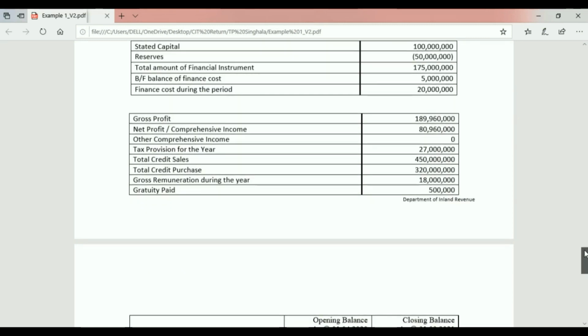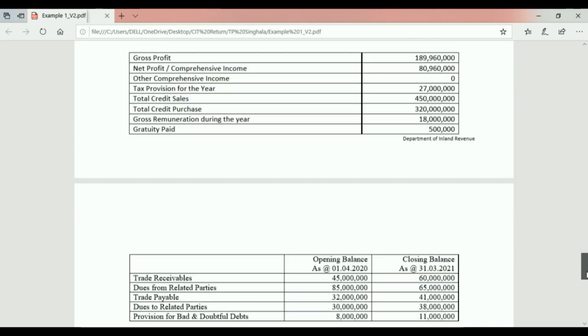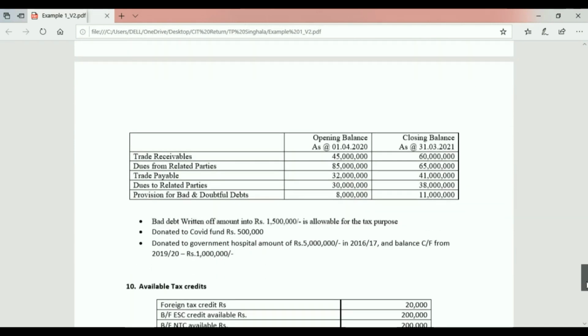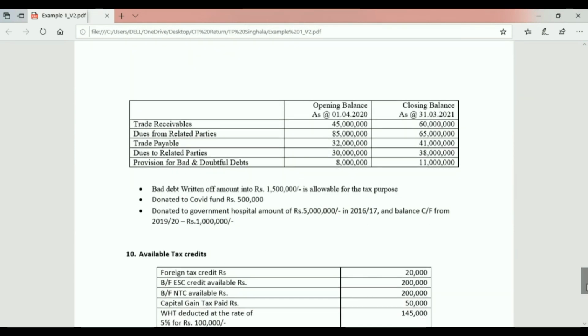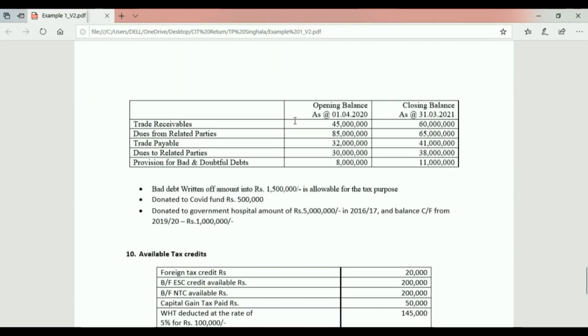And the second table under these other informations reflects the details abstracted from the financial statement, right? Okay. Then the third table is directly connected with the informations we need to abstract to fill schedule 9A, right?